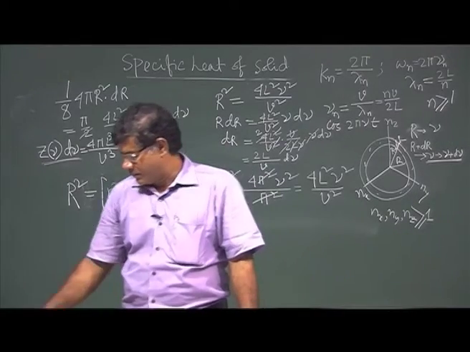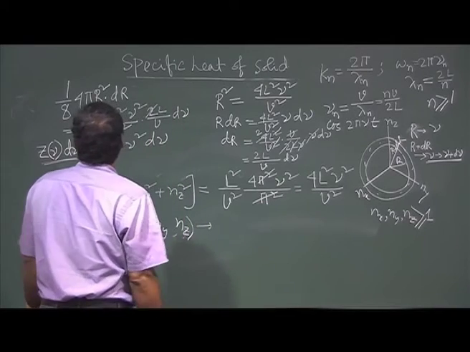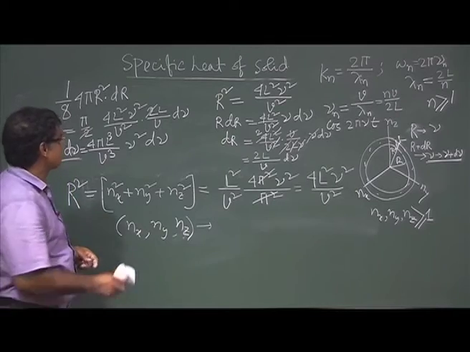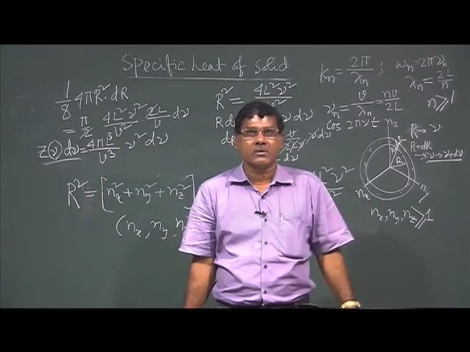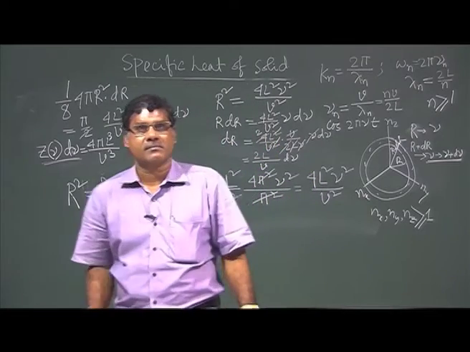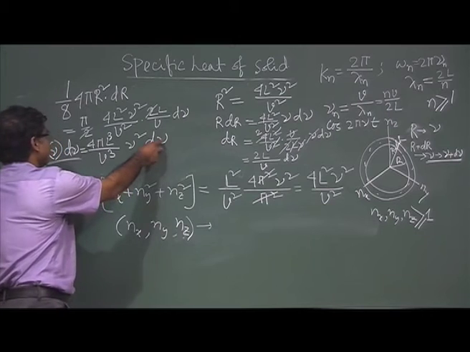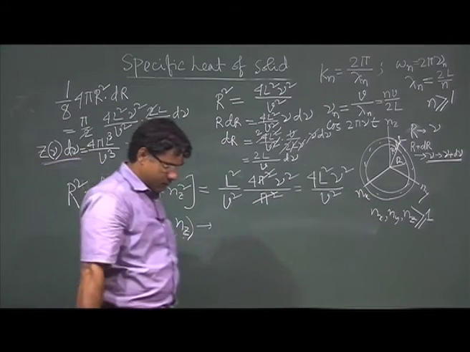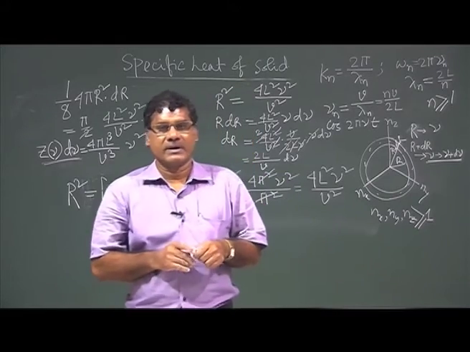So, I will continue our calculation. What we have seen is this density of states, density of modes of vibration, in the range of frequency nu to nu plus d nu.